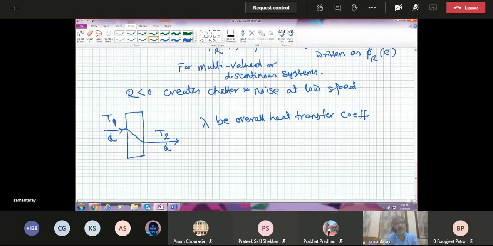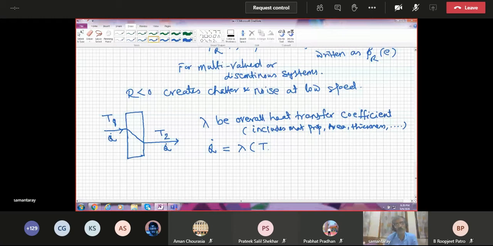That means it includes material properties, area, thickness, whatever are there. So that you can write Q dot as lambda times (T1 minus T2).